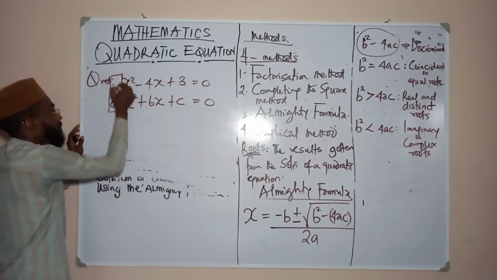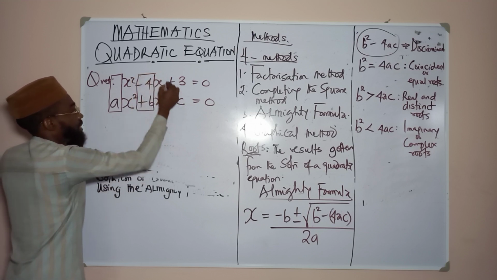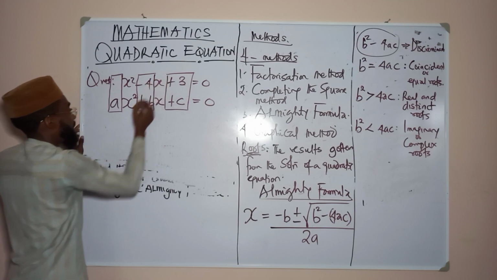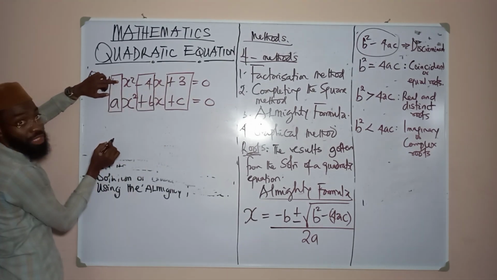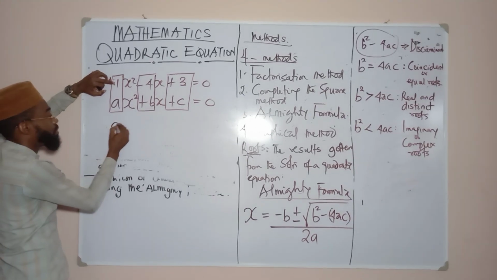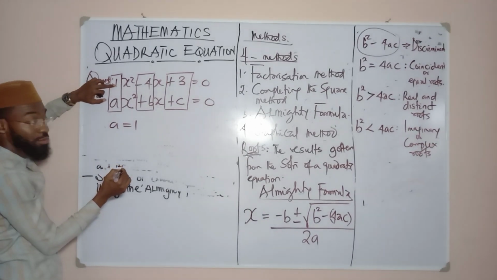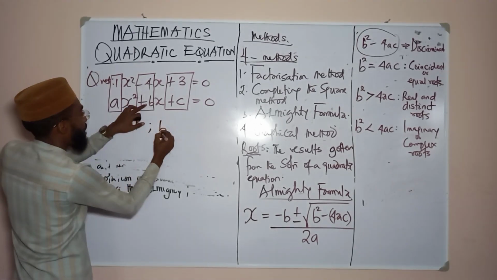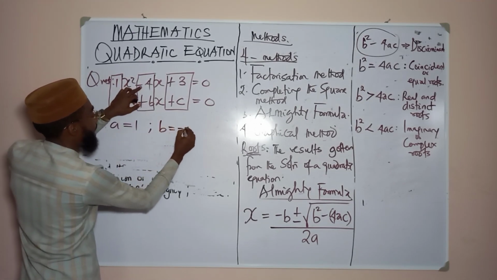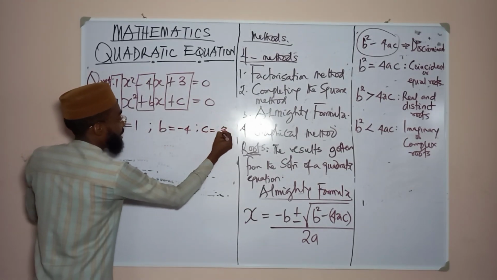So for the term of x squared, we'll find out what a is standing for, what b is standing for, and what c is. There is no coefficient beside this x squared. Remember I told you, whenever there is no number, the number is always 1. So our a here is 1. Then our b here is minus 4, not just 4. And then our constant term c here is 3.